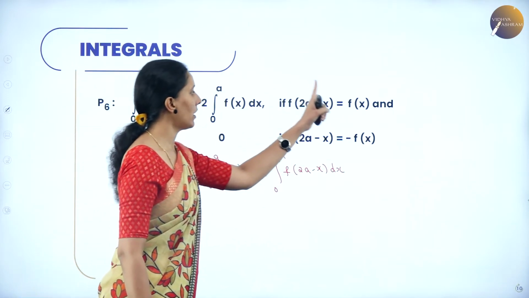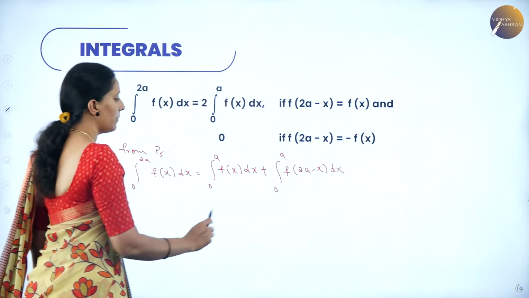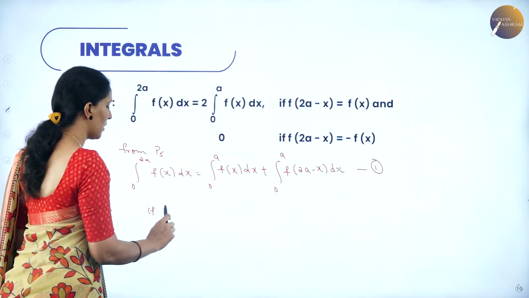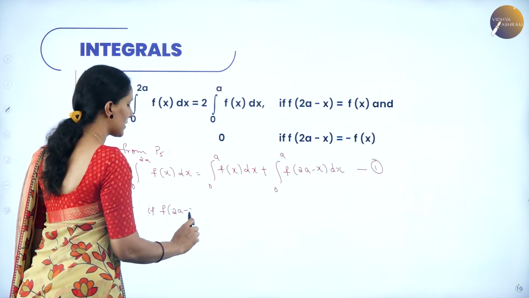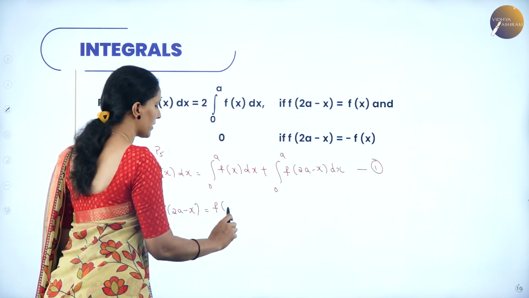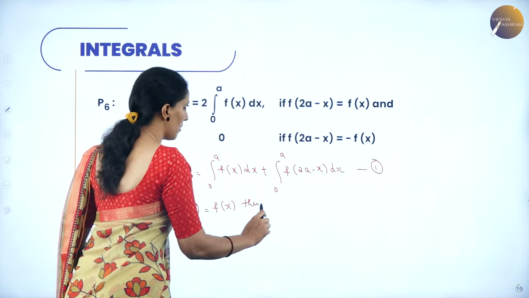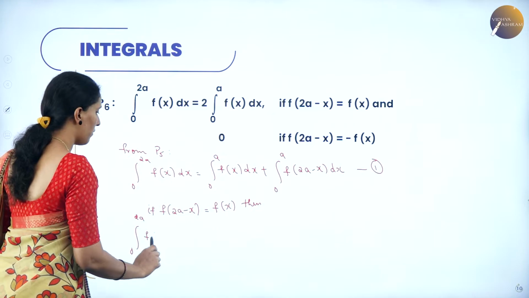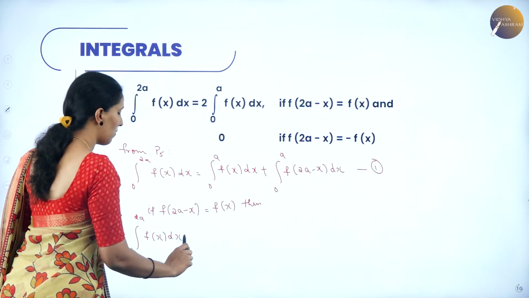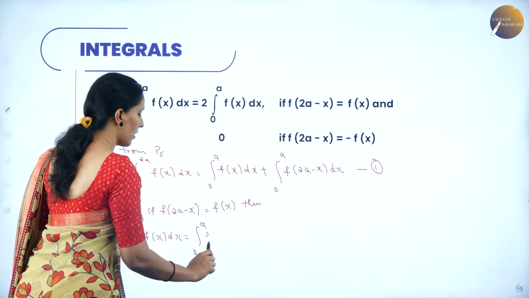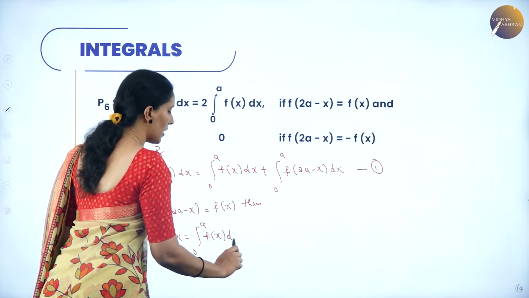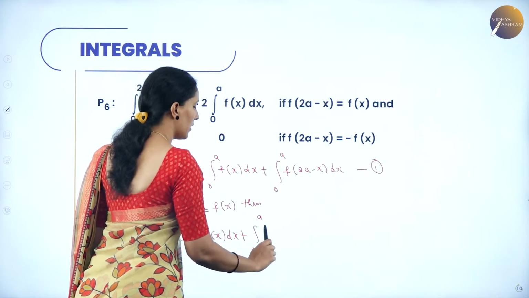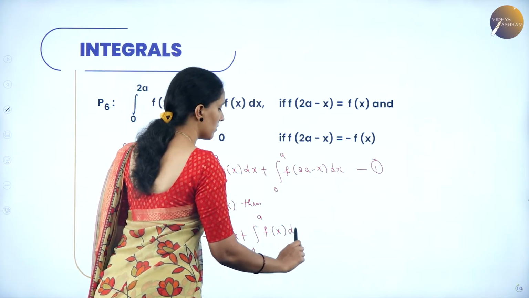Now here I have a condition. So here let me take this as equation 1. So if f of 2a minus x is equal to f of x, then what happens to this integral? 0 to 2a f of x dx is equal to 0 to a f of x dx, and here you need to change this, plus 0 to a f of x dx.